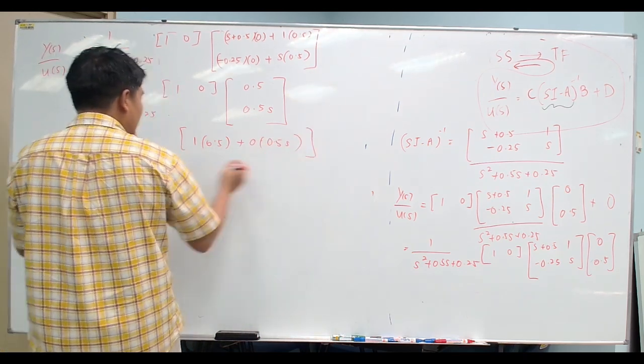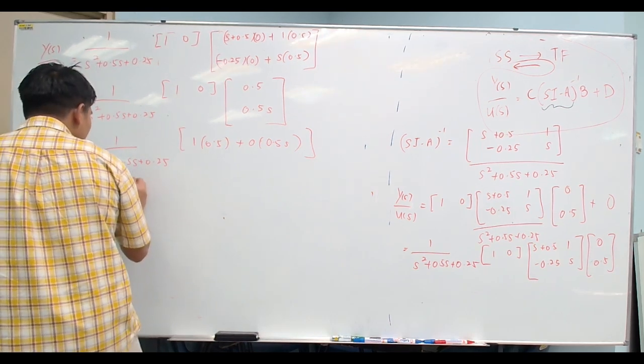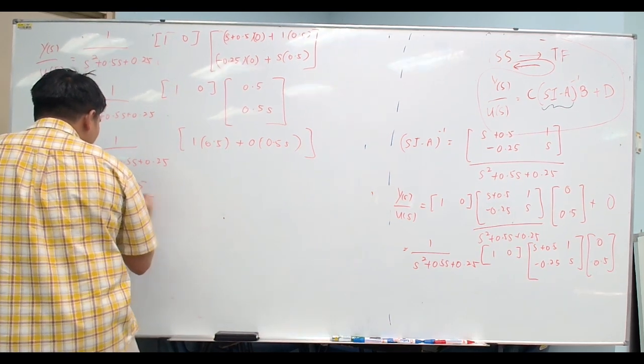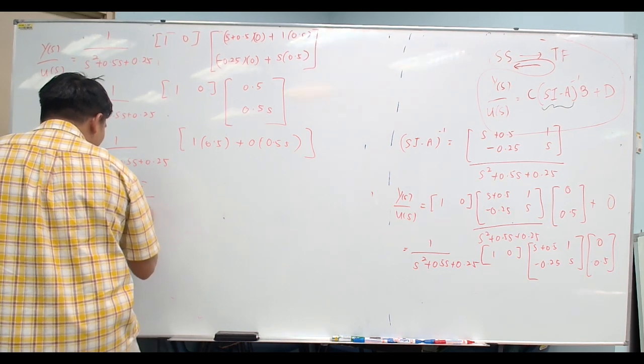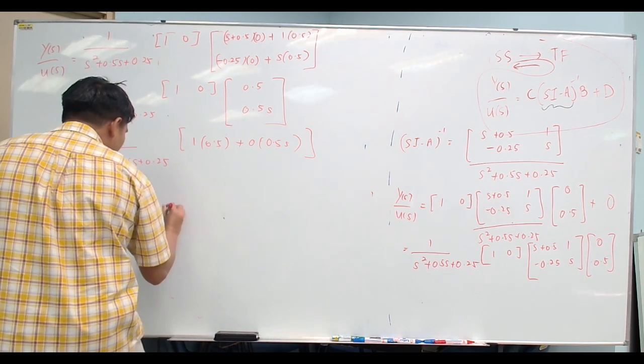And finally, your final answer is 0.5 divided by S squared plus 0.5S plus 0.25.